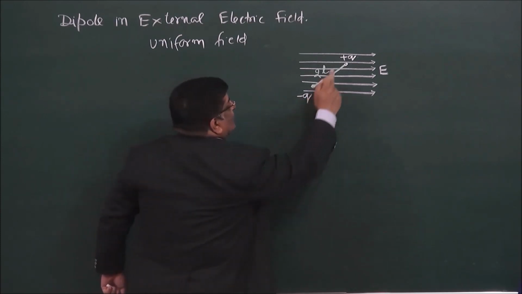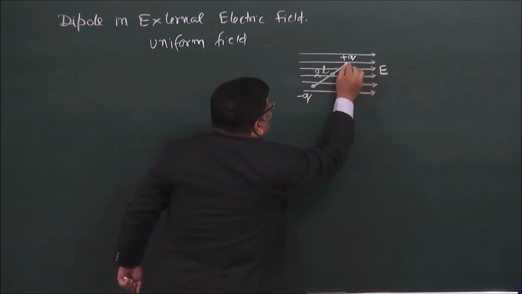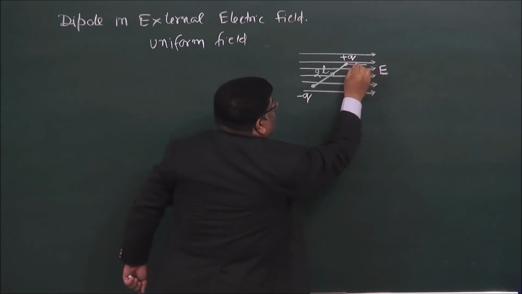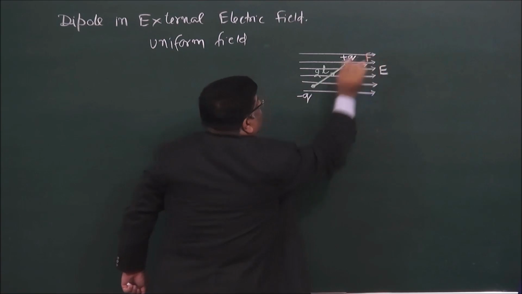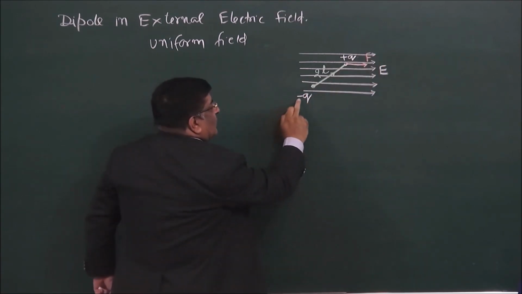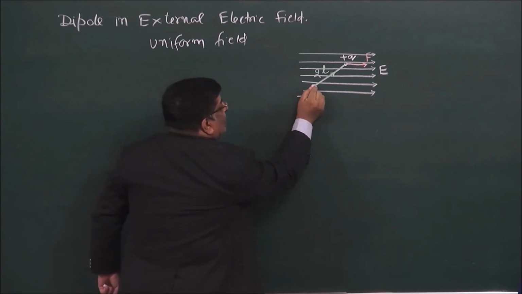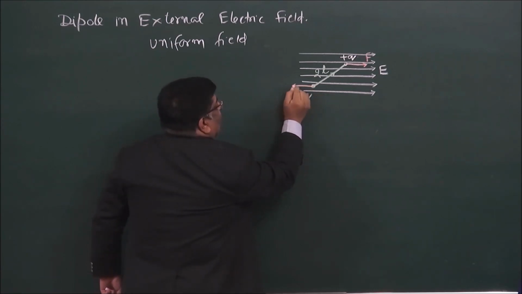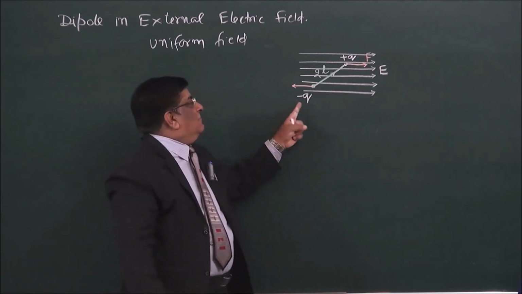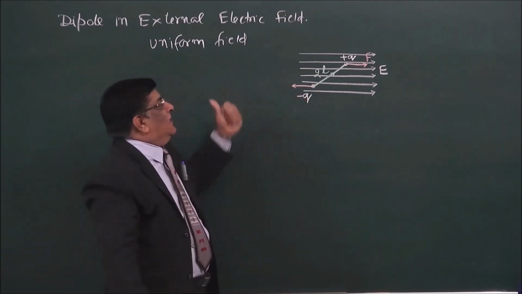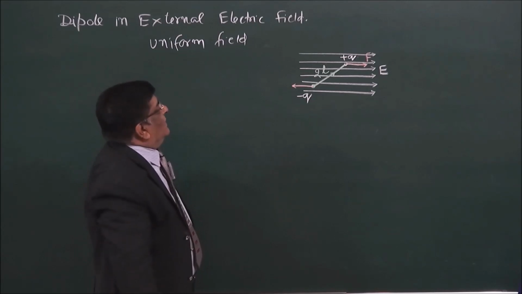The direction of the force on plus Q is in the direction of E. So this is the force on plus Q. The direction of the force on minus Q is opposite to the direction of E, and that will be in this direction, because the force is minus QE, and the minus makes the direction opposite.